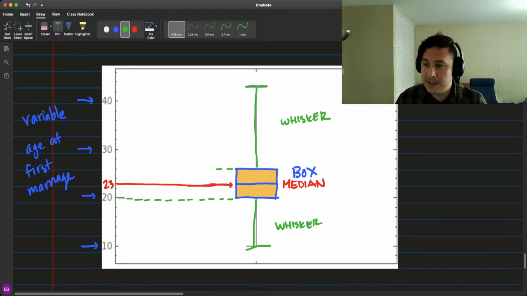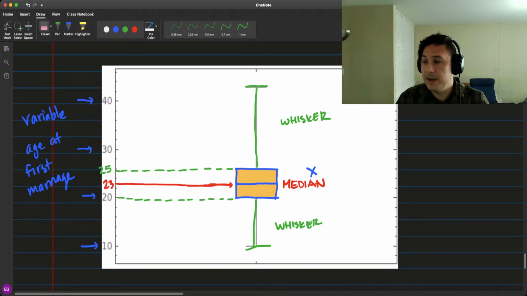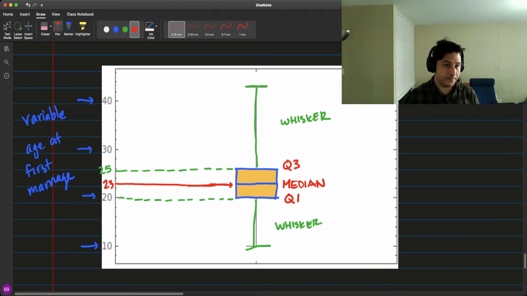And approximately this value is like, I don't know, 25 or so. Those numbers are Q1 and Q3. So the box starts at whatever Q1 is and ends at whatever Q3 is. And somewhere in between them is the median.